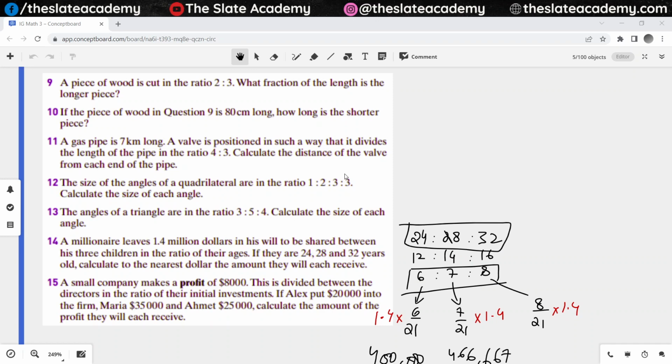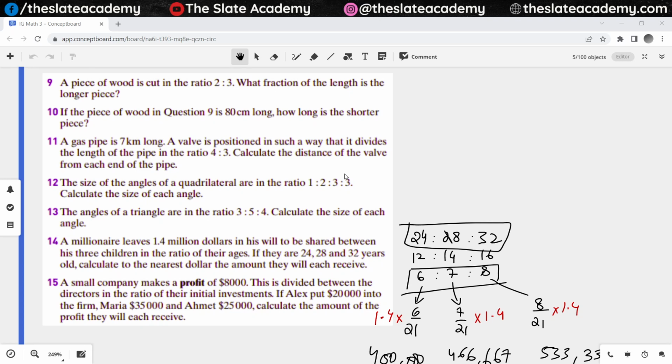And 8 out of 21 into 1.4, this would be $533,333. Anybody who's getting different answers?